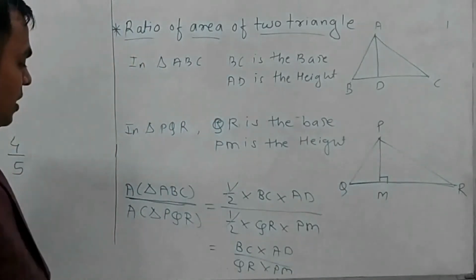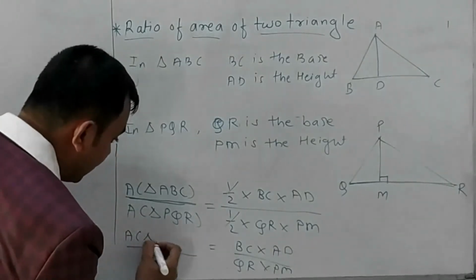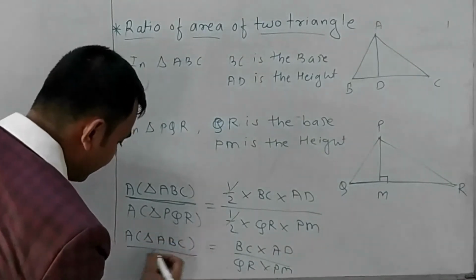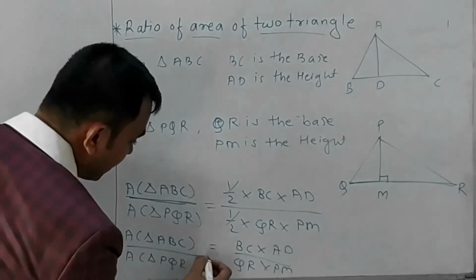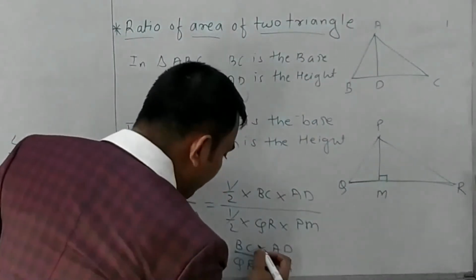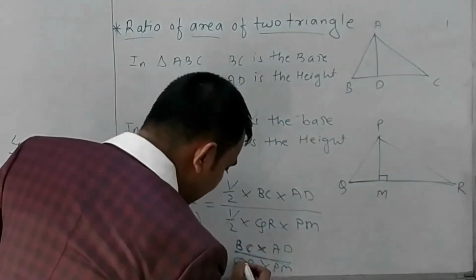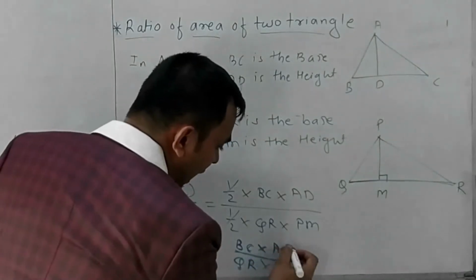Means the ratio of the area of triangle ABC and triangle PQR is equal to the ratio of the product of their bases and corresponding heights.